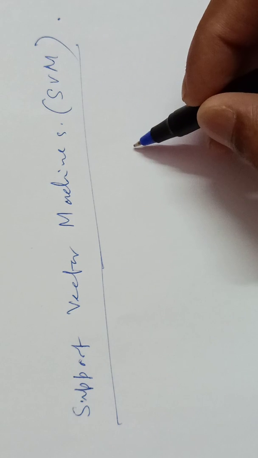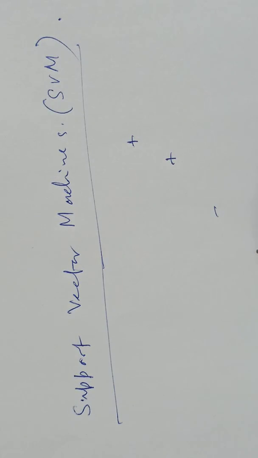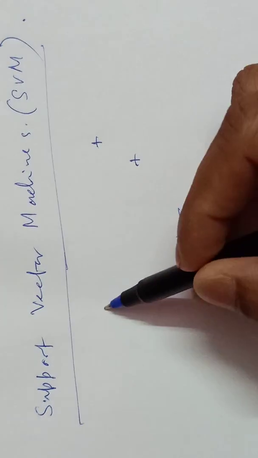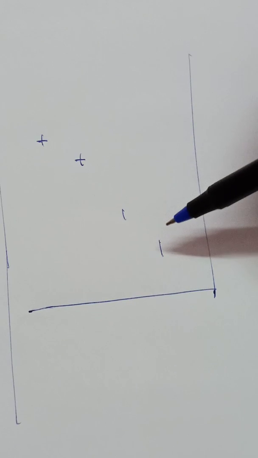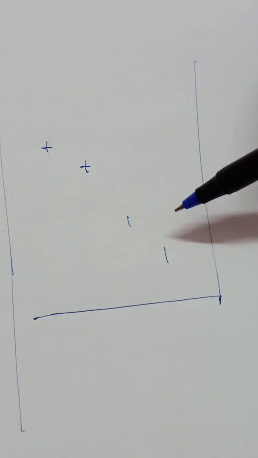So now, before discussing this, let us go to the classification problem. We know that in the classification problem, there are some positive data like this, and some negative data like this. So these are the plots. By applying the nearest neighbor algorithm, we can divide this into two groups, the positive group and the negative group.